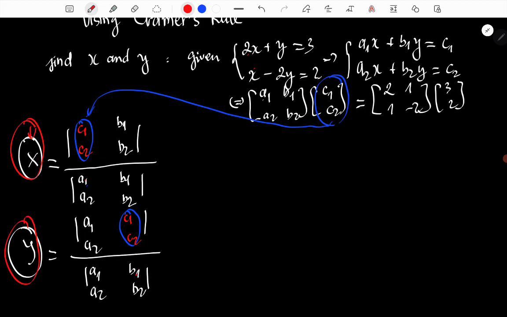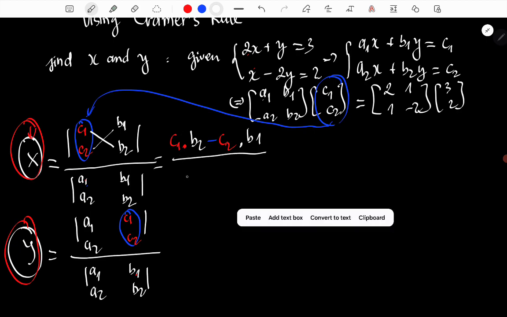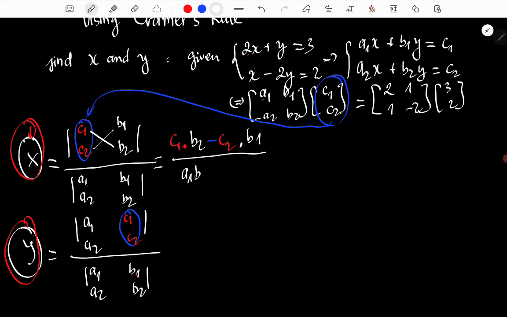All right, so now the formula is that in the numerator, we're gonna have c1 multiply with b2 minus c2 multiply with b1. So it's going to be this diagonal, subtract c2 multiply with b1, and then the denominator is just a1 b2.